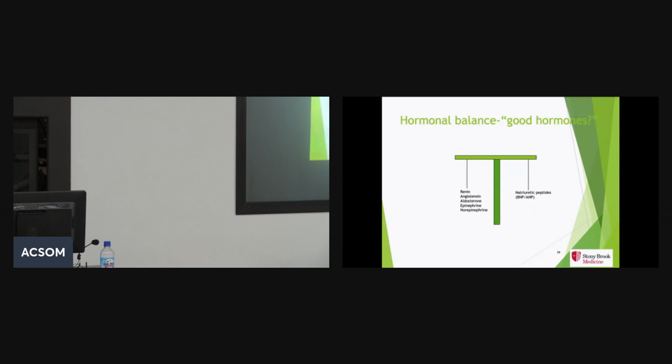They vasodilate, and it's a diuretic. In response to myocardial stretch, not only does it promote diuresis, but it's a vasodilator.